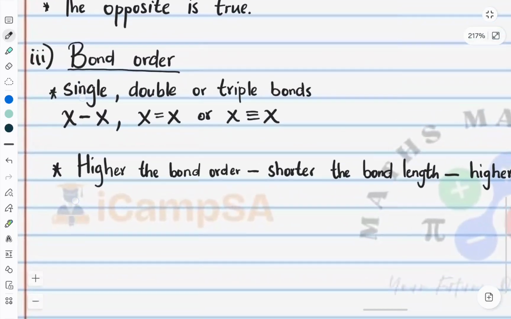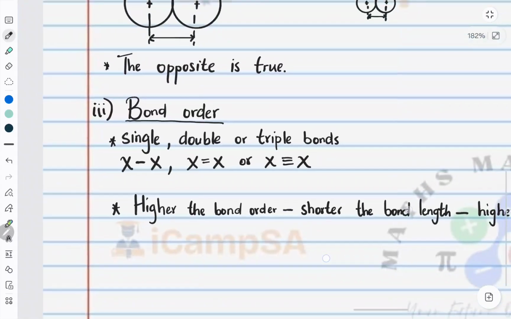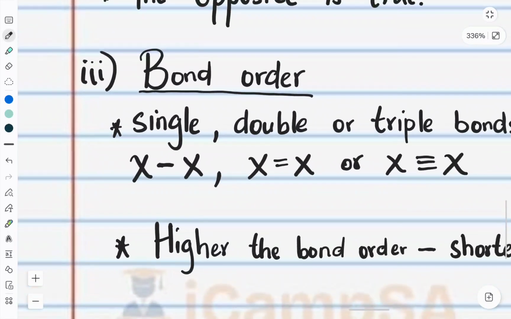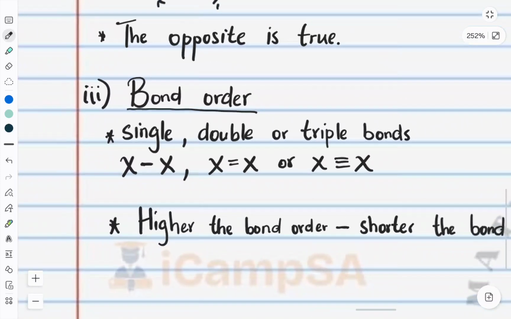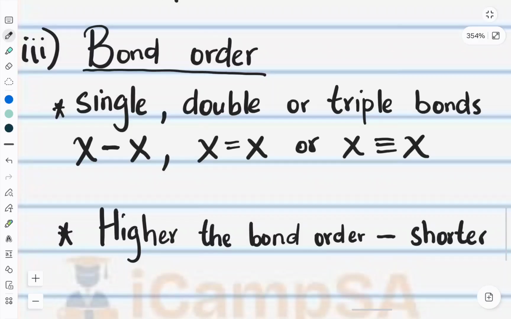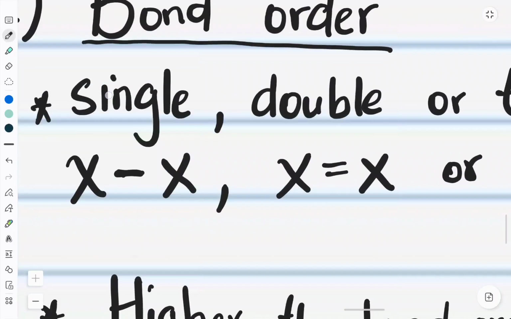So remember that it's like that famous adage that says we are stronger together than when we are individually, right? We are stronger when we are united than when we are separated, or when you are by yourself. Think of that, and that's typically what happens with bond order.